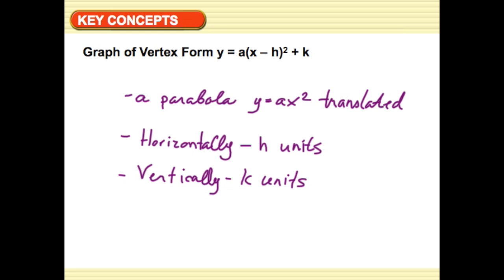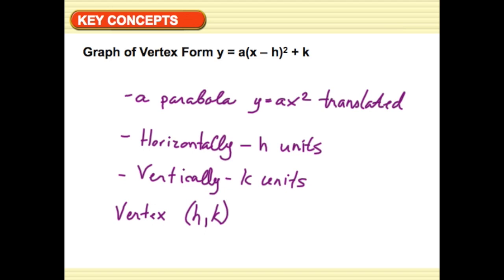So that means that my basic parabola, we're going to be able to shift it h number of units or k number of units. There are also some different characteristics for this particular function. The vertex is just at the coordinate point h, comma k. So you no longer have to solve for the vertex, which is really nice and convenient.